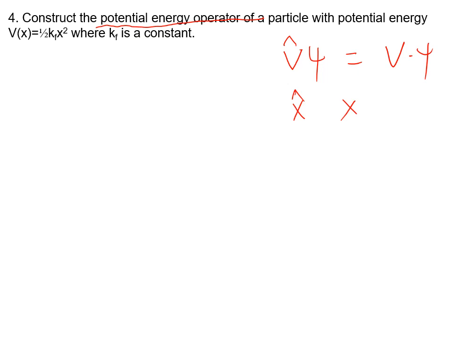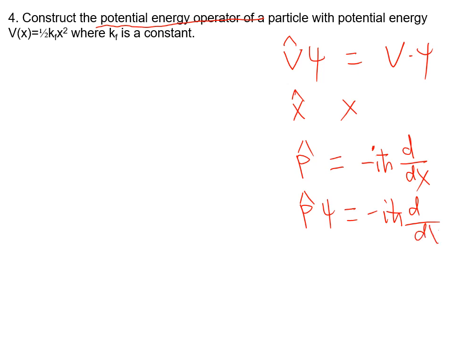Another important one is the momentum operator. The momentum operator is negative i times h bar times the first derivative. So if the momentum operator operates on the wave function, then you write negative i h bar times the first derivative of the wave function.